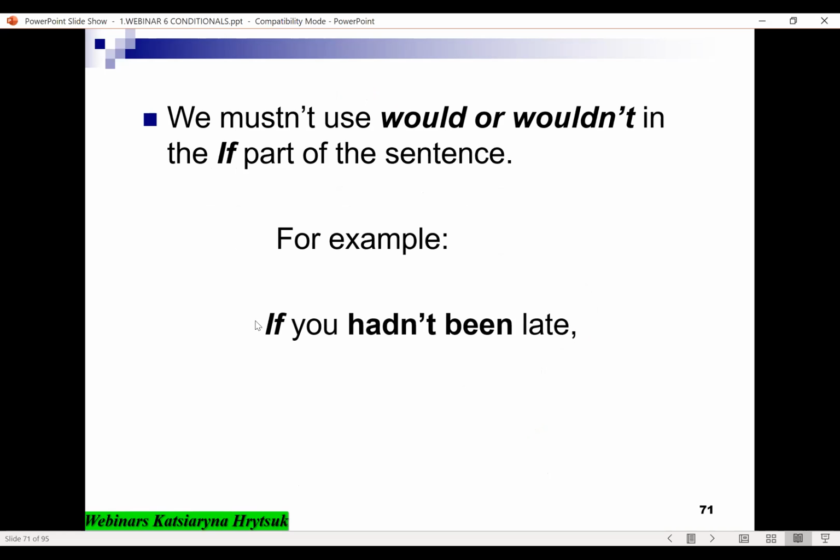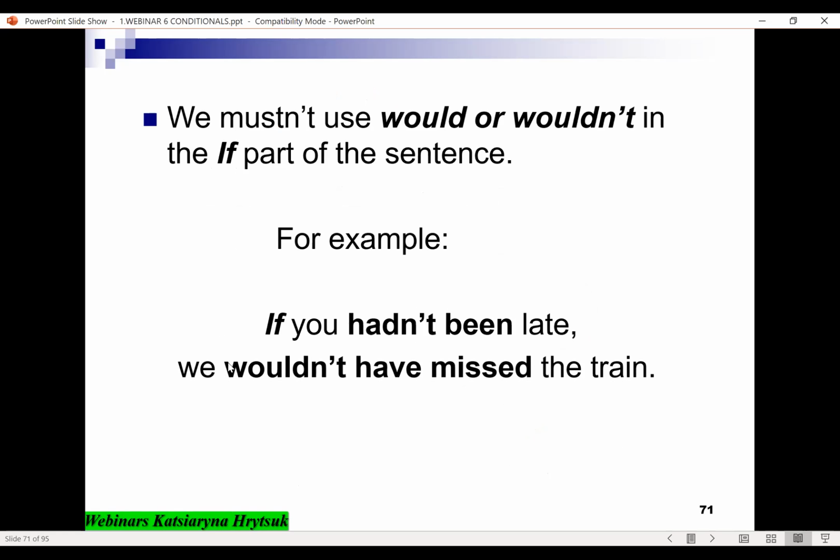After if, we use past perfect, had, and verb 3. In the main clause, we use would have and verb 3, or if it's a regular verb with ed.